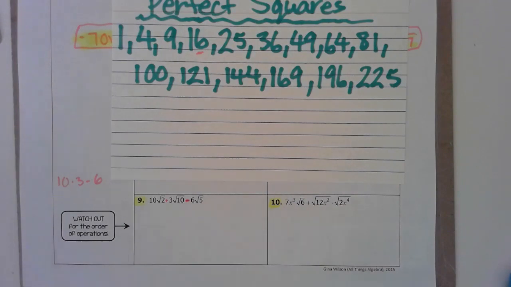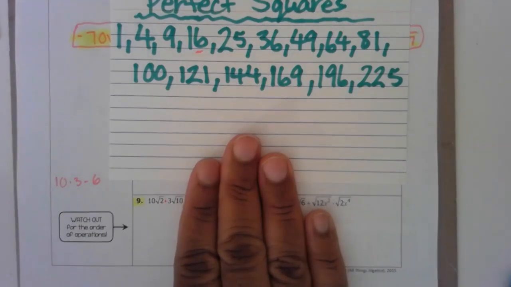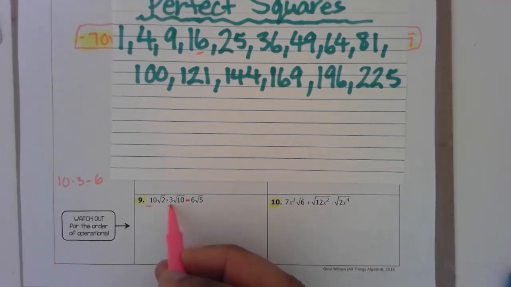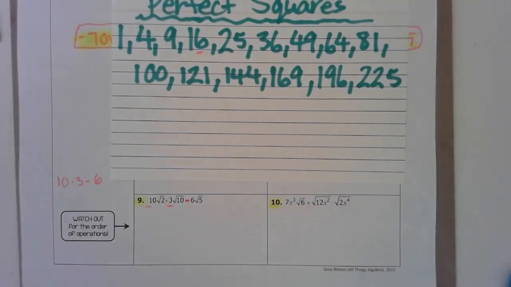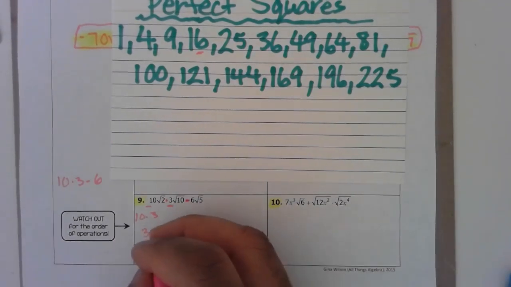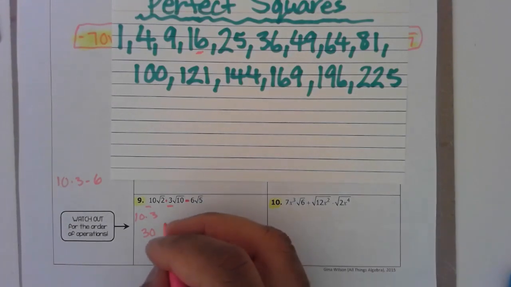So I'm going to do the exact same thing here. I'm going to go ahead and multiply here first, and then I'm going to subtract that 6 square root of 5. So first things first, we'll multiply our outside numbers here. So 10 times 3, which is going to give me 30. Then I would multiply what's on the inside here.